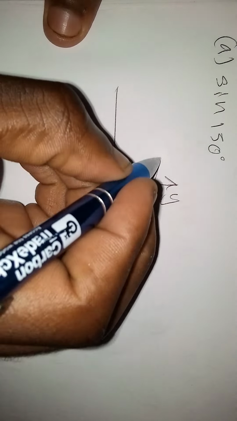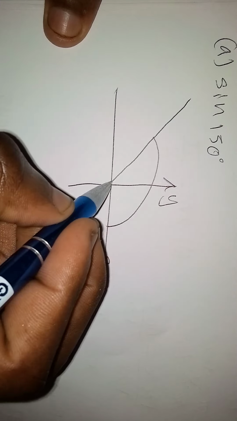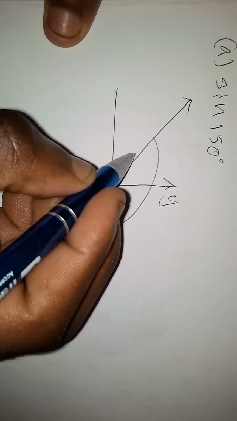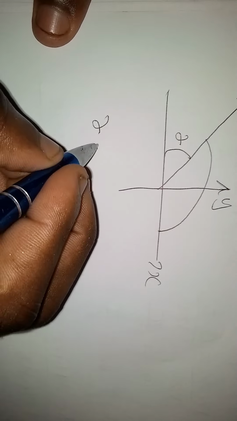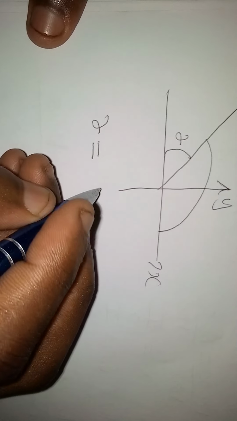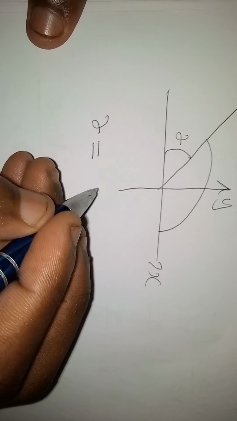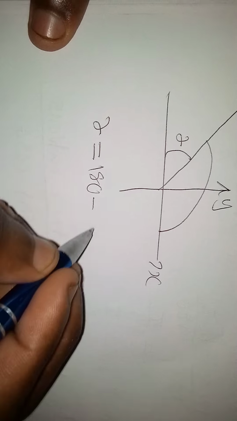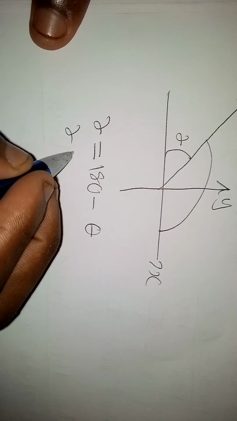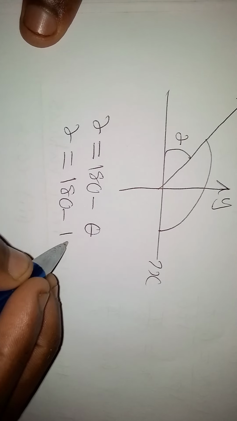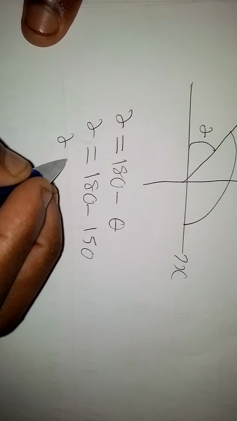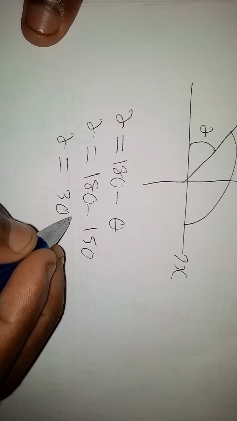From this point up to that, we have our terminal side here. That means our reference angle is somewhere here. In the second quadrant, the reference angle is given by 180 minus theta. So our alpha is equal to 180 minus 150, which is 30 degrees.